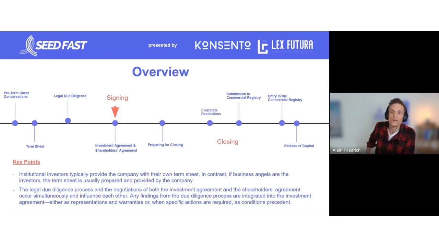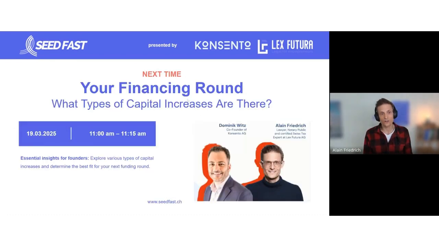So Dominik, maybe you go to the next slide. On the 19th of March, again at 11 a.m., we have the next webinar in our series. There are a total of 9, where we talk about the different types, and Dominik is going to explain what types of capital increases there are. So Dominik, I guess it's time for questions, if there are any.